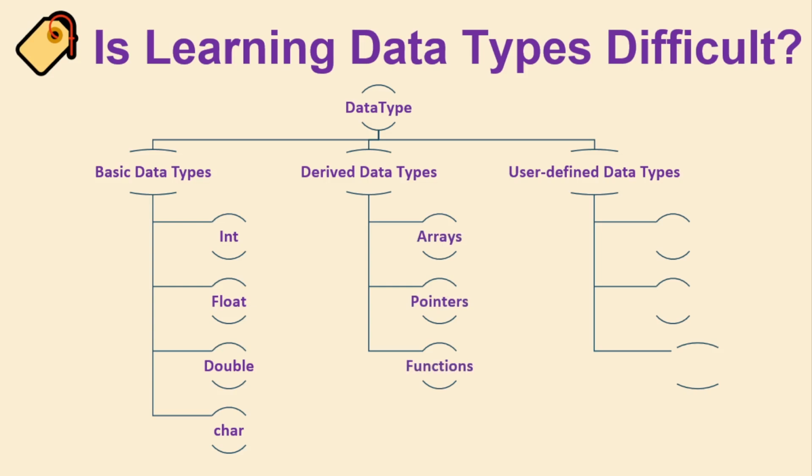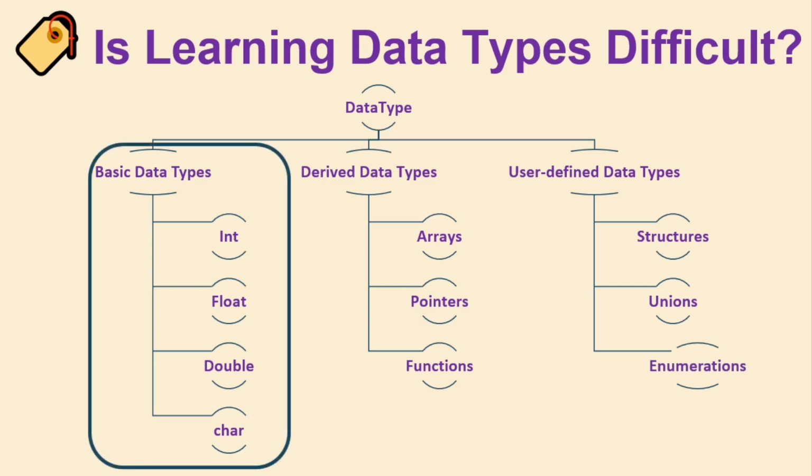Number 3, user-defined data types. These include structures, unions, and enumerations. In this video, we'll focus on basic data types.